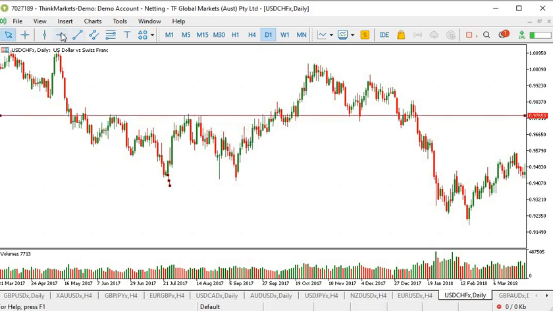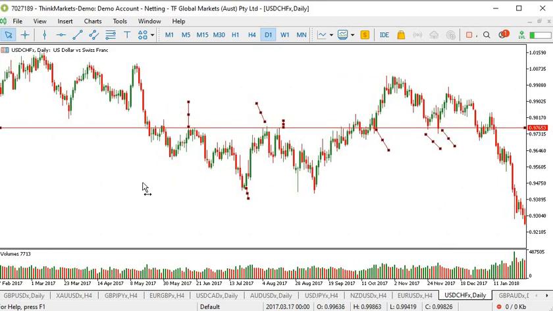Why did I draw it here? Because the market has retested it from the downside, 1, 2, 3, and from the upside 1, 2 and 3. So we can say it is a clear zone.